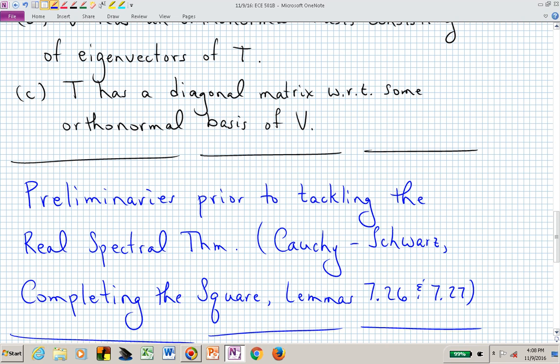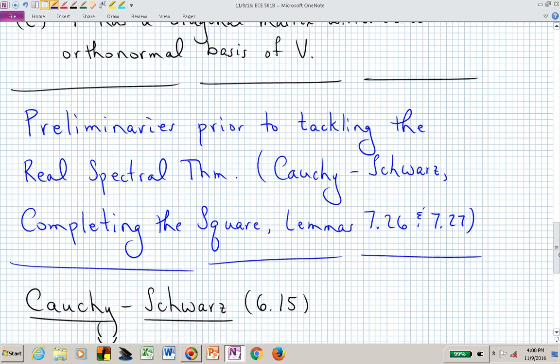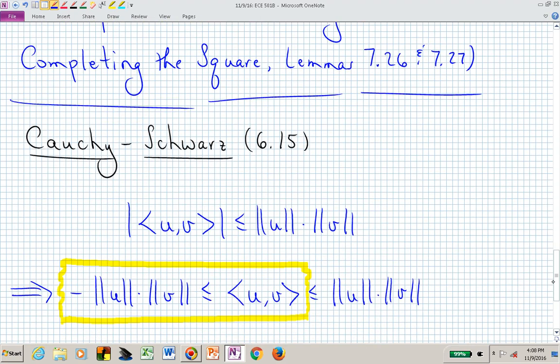Now, before we jump right into the real spectral theorem, we need to introduce a few more topics or ideas. One of those is reminding ourselves of the Cauchy-Schwarz inequality, and that was how we bound the magnitude of an inner product by the norms of the two vectors inside that inner product. But we can then look at recalling the property of that absolute value.